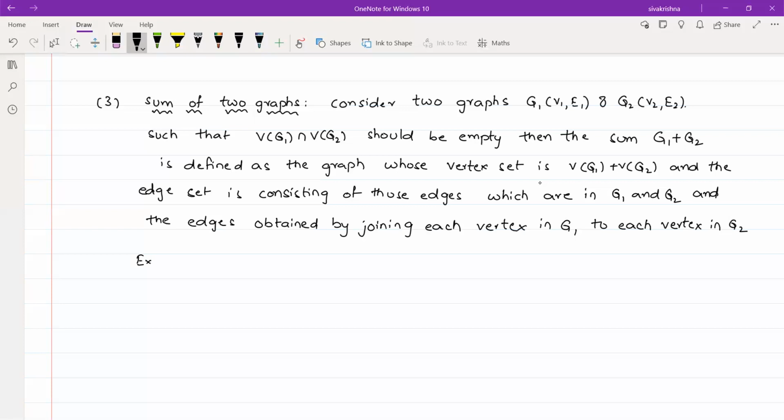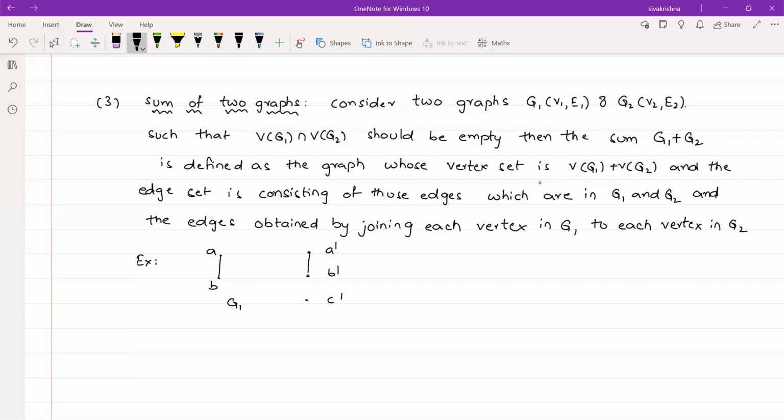So this is graph 1 and I am naming the vertices A, B. So in graph 1 we have 2 vertices A, B, and in graph 2 we have 3 vertices. Okay, and I am naming the vertices as A dash, B dash and C dash.